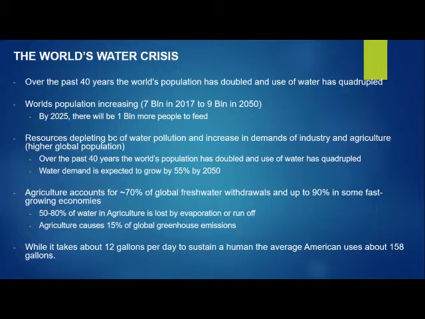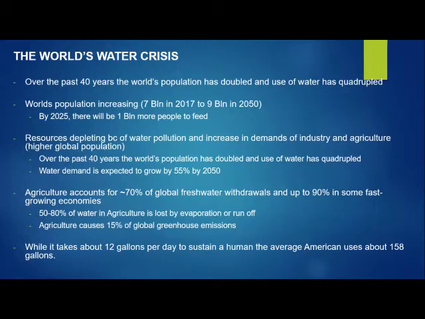Now, this, as you can imagine, means a lot more people to feed. Their needs and the water requirements in the world are obviously going to be increasing, because every human being needs about 12 gallons per day just to survive. So that's going to be needed in terms of water. And also in order to make food, there's a lot of water that's used in irrigation or in agriculture.